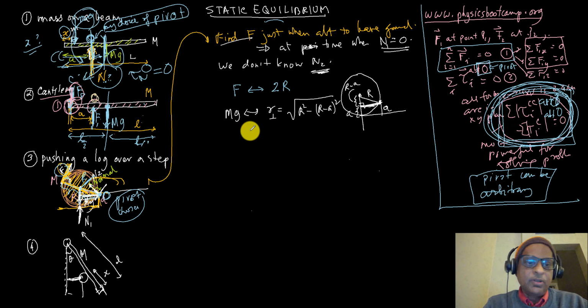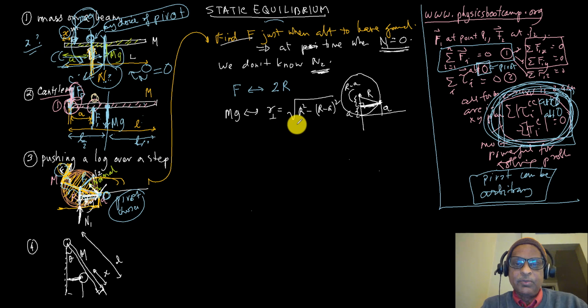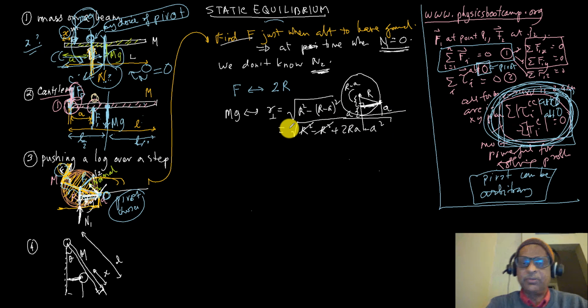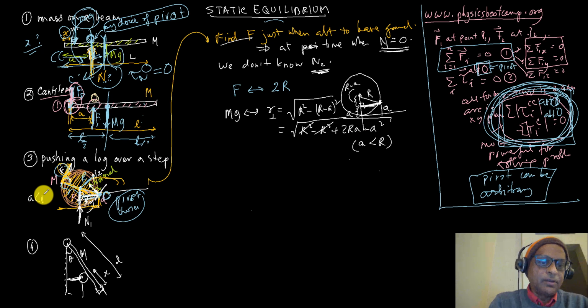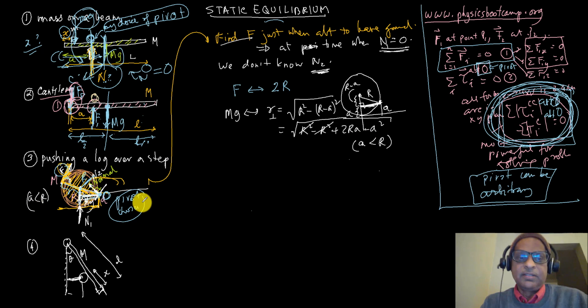Okay, so I don't need to know n1 because I'll set n1 to 0. So you can simplify this. You have r squared minus r squared plus 2ra minus a squared, and this is going to cancel out. And we are thinking of a less than r here. So a is less than r, the step is less than the radius.